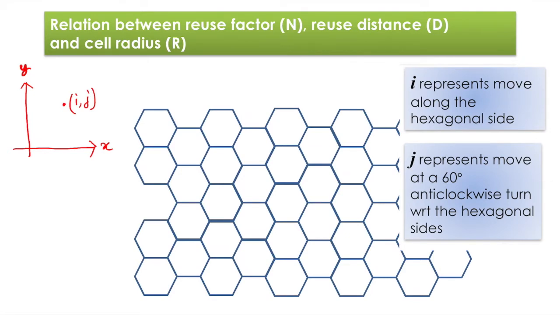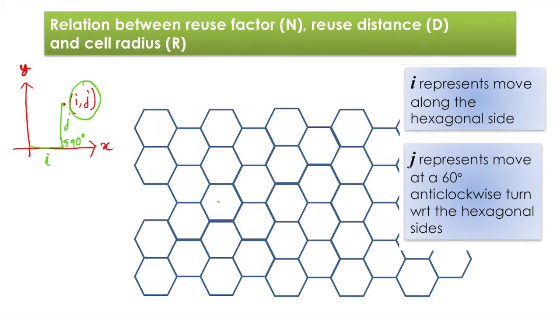Now to locate this point with respect to the reference point, we move i distance along the x-axis, and we take a 90-degree anticlockwise turn and move j distance, and this is how we can locate this coordinate.